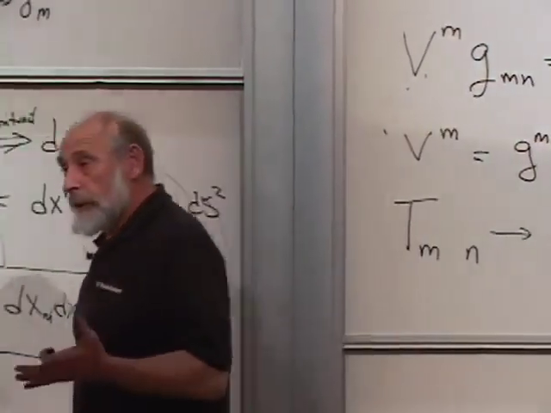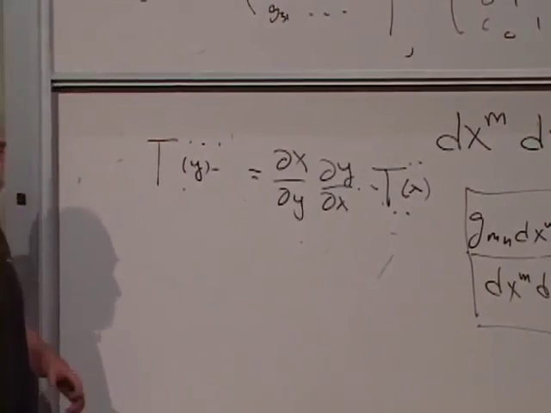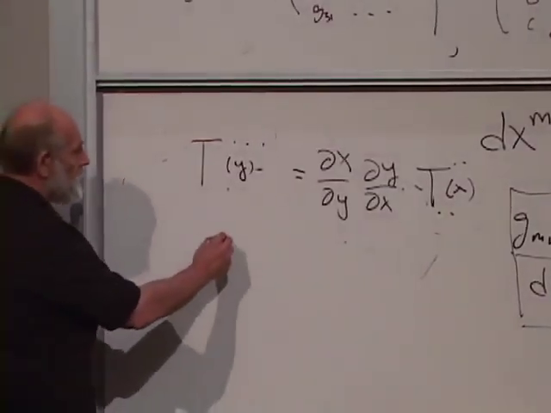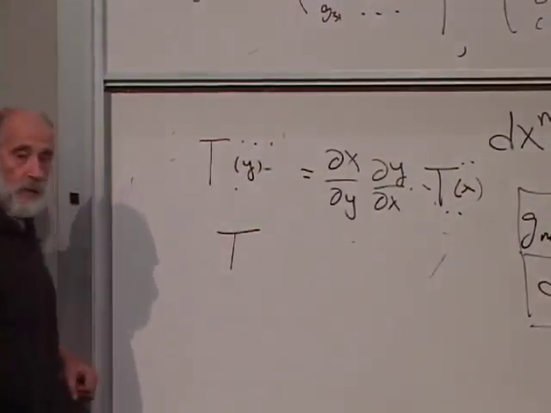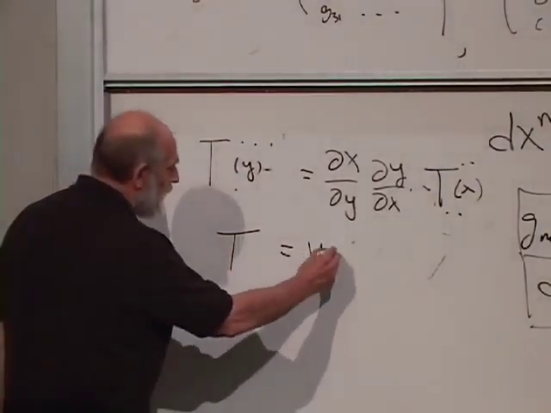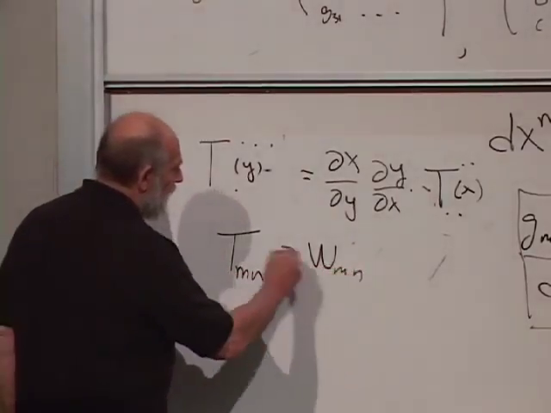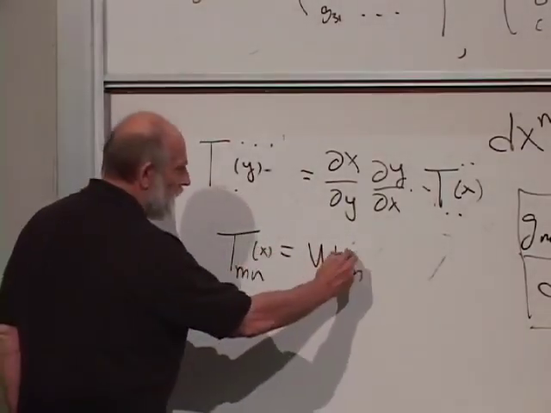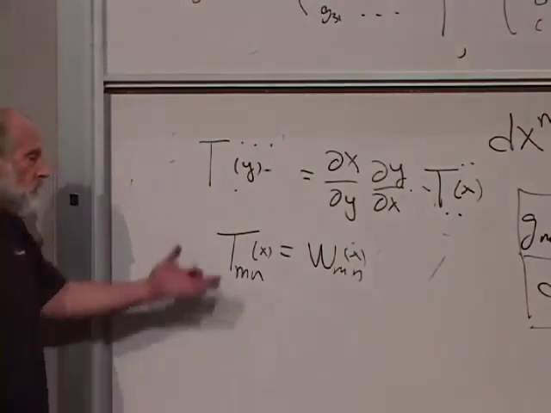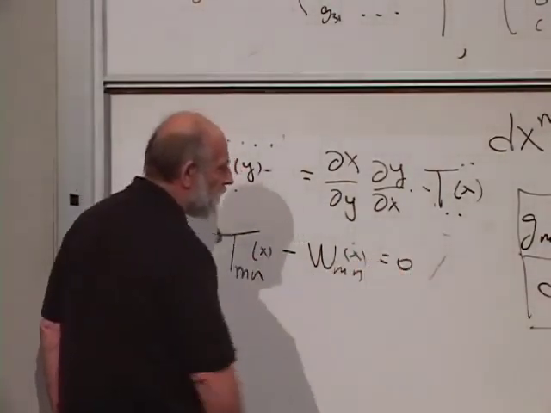Another way to say almost the same thing is that if two tensors are equal in one coordinate system, let's say T^{mn} equals W^{mn} in the x coordinates, that also says, of course, that the difference between them is equal to 0.